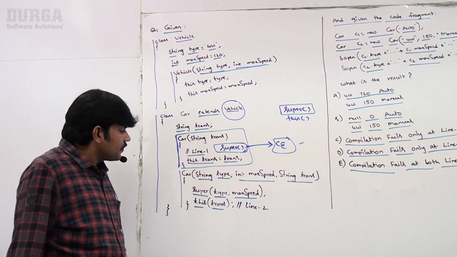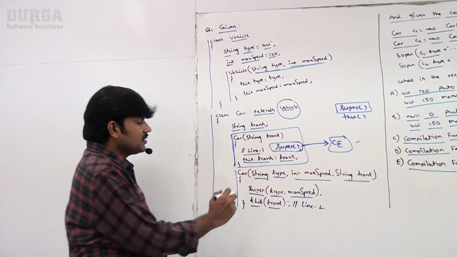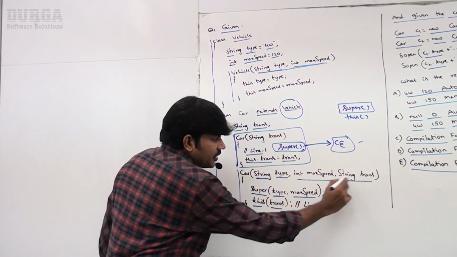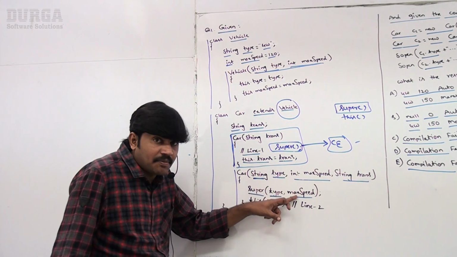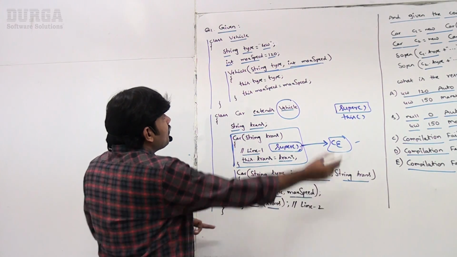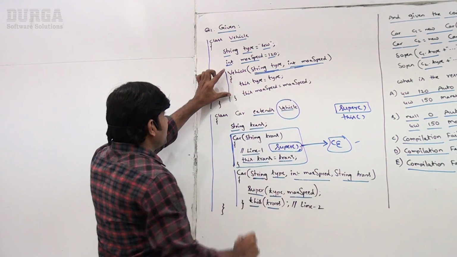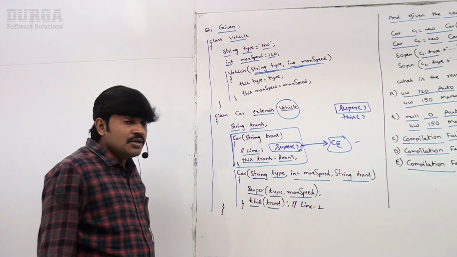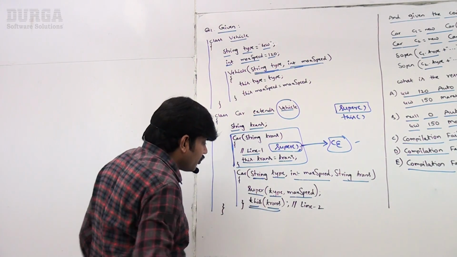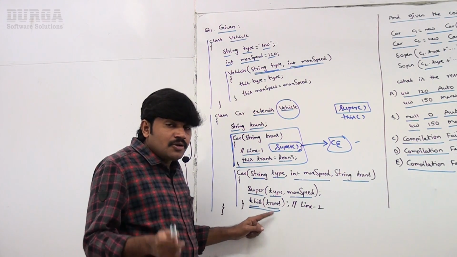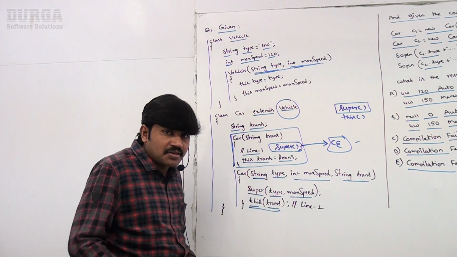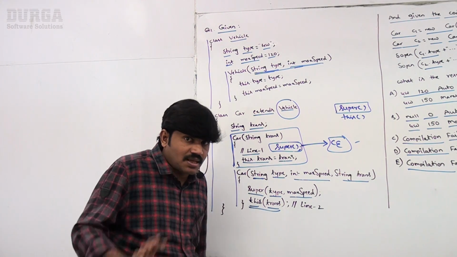Second one, observe this constructor: Car(String type, int max...). What is the first line? super(type, maxSpeed). Yes, a matching constructor is there in the parent class. But next I took this(trans). Remember, inside a constructor you can take either super or this, but not both simultaneously.